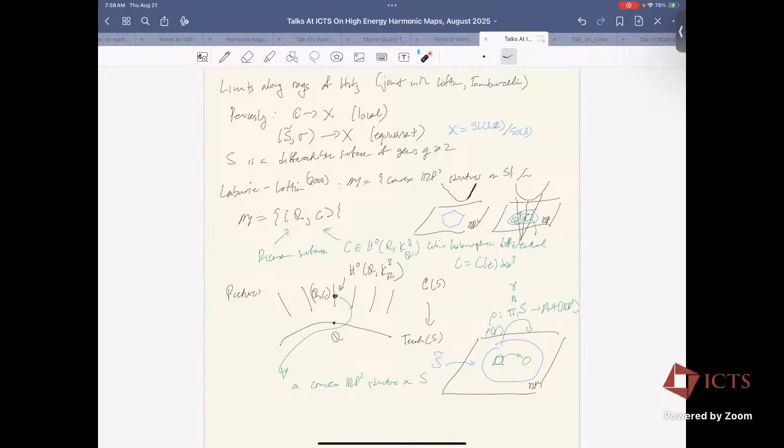And all such actions, all such images of the universal cover into RP2 yielding some convex domain equipped with some action of the fundamental group of the surface, all of those such objects are represented by a unique point in this bundle.